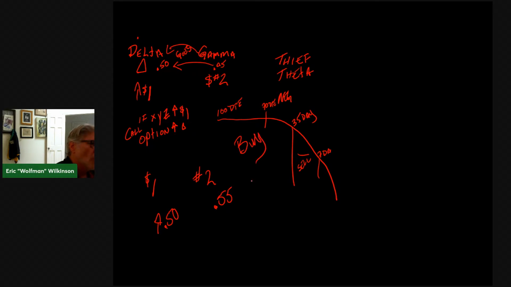Why? Because theta is more aggressive the closer we get to expiration. He starts out 300 days out only taking a penny at a crack. And then it gets to about 100 days, he might be taking about 2 pennies. At about 70 days, maybe 2.5 pennies. But inside of 35 days, he's probably taking a nickel. Inside of 20 or 7 days, he's probably taking 25 cents, 50 cents. He's just taking fistfuls of money out of your pocket.